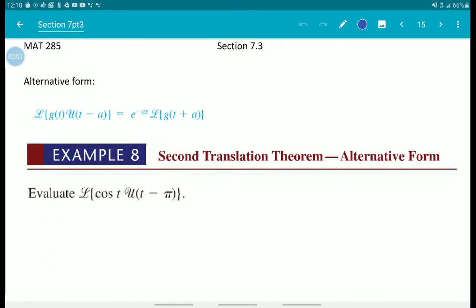So I just want to get some more practice with doing this translation theorem. So let's look at example 8. We want to take the Laplace of cosine of t times the unit step of t minus pi.